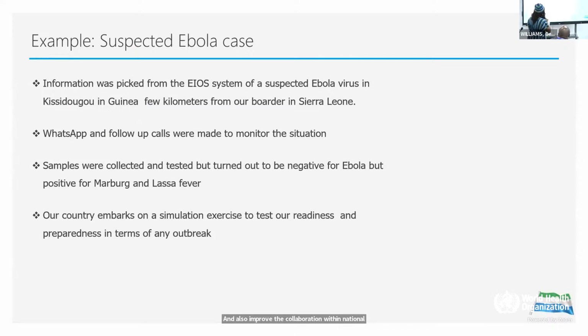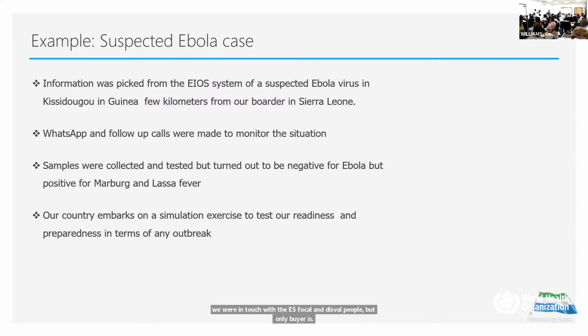And this is a case scenario. We had an alert from the EIOS board saying there was an outbreak of Ebola in Guinea. So we were in touch with the EIOS focal and surveillance focal people, but the only barrier is they speak French and I speak English.